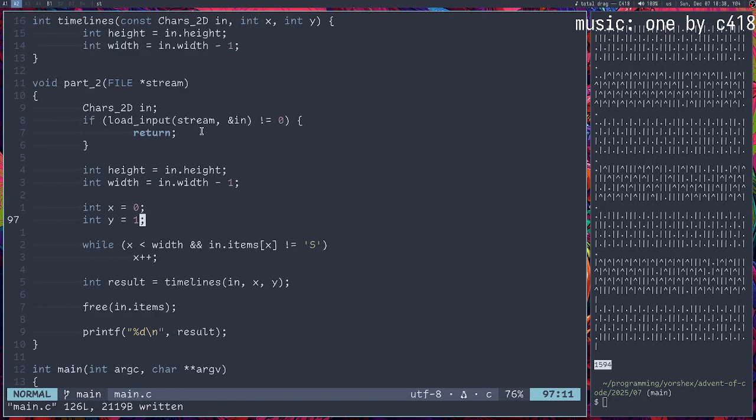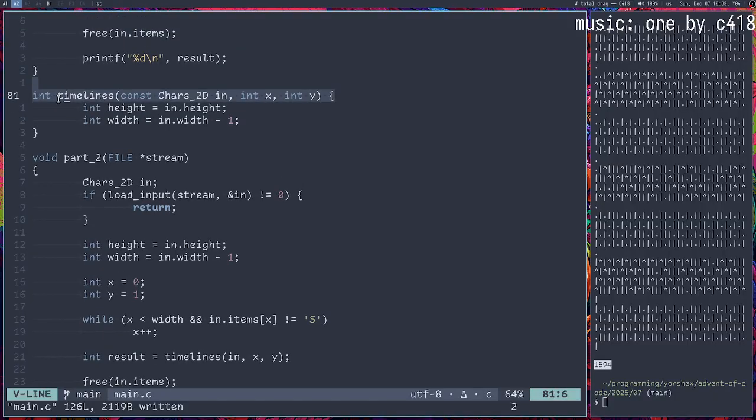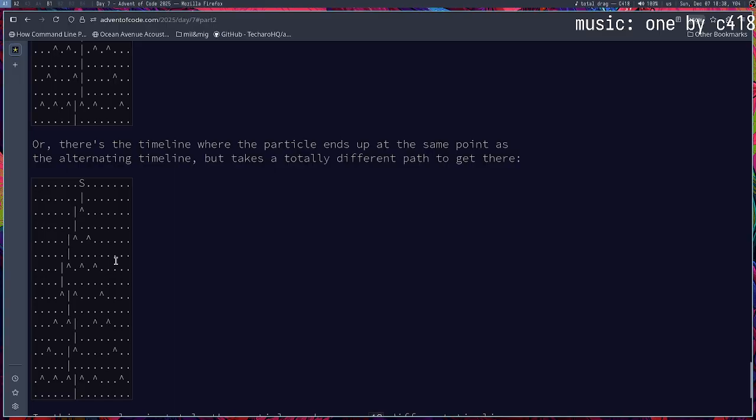Alright, so in one timeline, we go downwards until we meet a splitter.